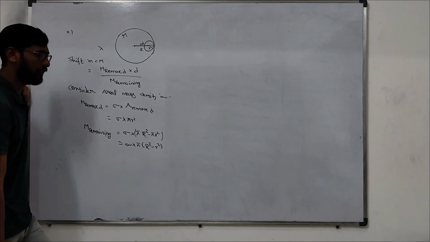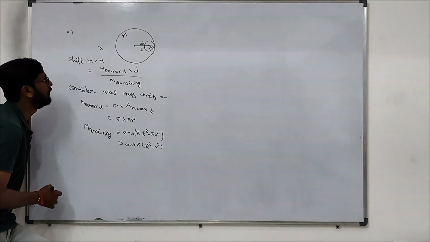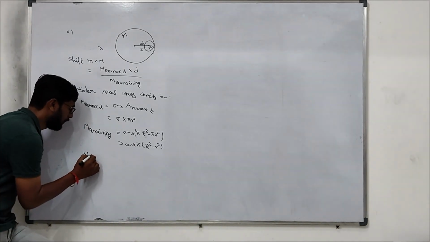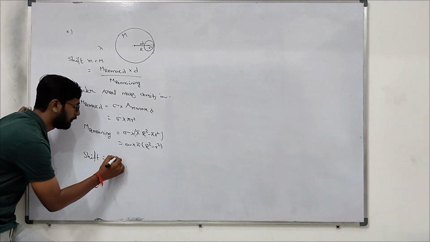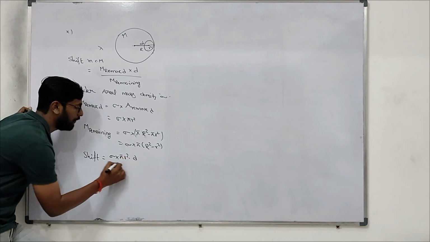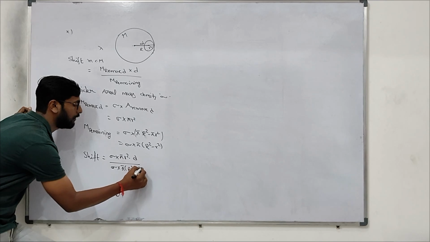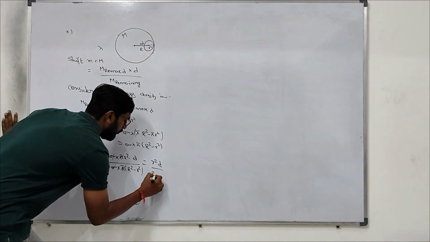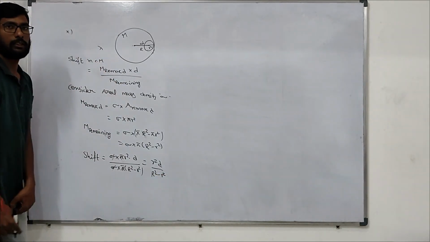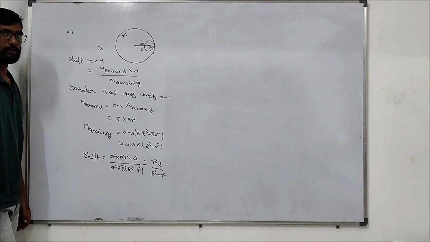Like some distance will be given. So here it is given as d. So shift in center of mass equals what? Removed mass, sigma into pi r square into d, by sigma into pi into R square minus r square. So sigma and pi get cancelled. It is r square d by R square minus r square. Right. So like this we will solve shift in center of mass questions.